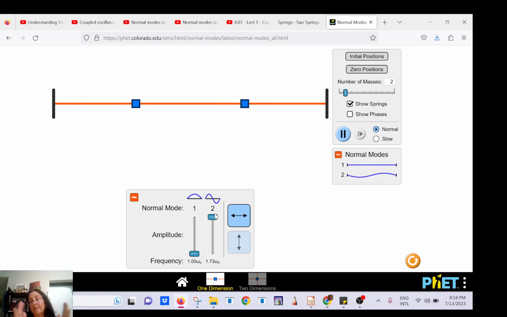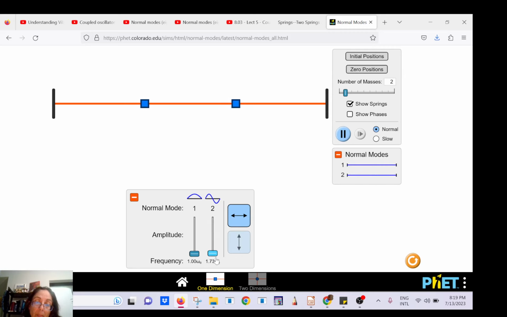So that will be the second mode, and it also has a natural frequency, which I think is the square root of 3 times omega 0. So you always have a lower one and a larger one. Okay, so these are natural frequencies for oscillators. So anything that wants to shake has its own natural frequencies and natural modes.